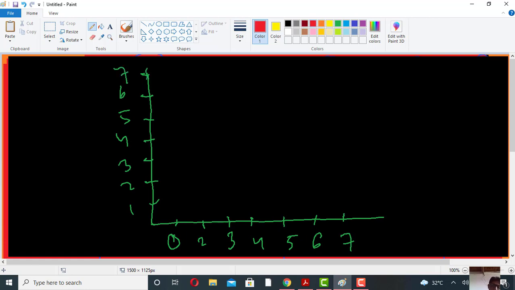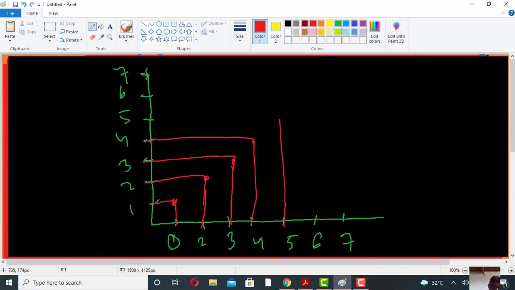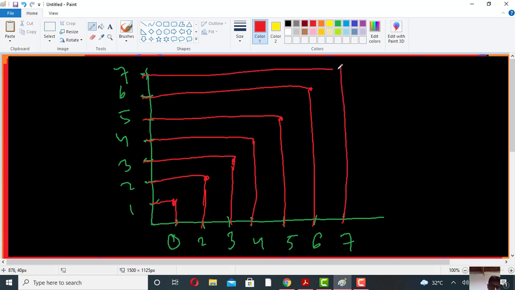At 15 degrees C we obtained points, and we connect these points.